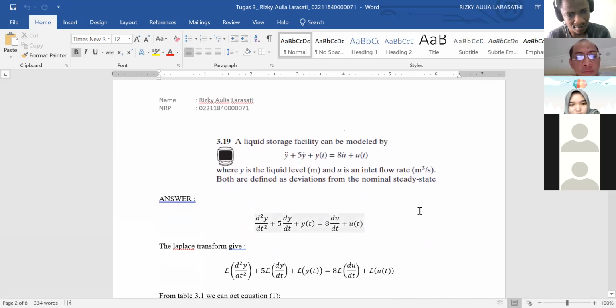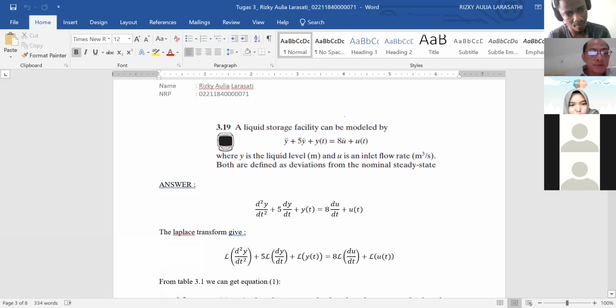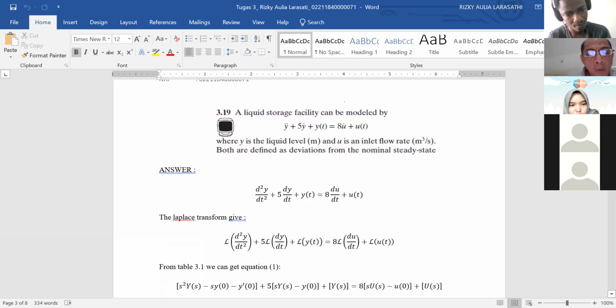From this equation, we can get the Laplace transform: Laplace of 2 d²y/dt² plus 5 Laplace dy/dt plus Laplace y(t) equals 8 Laplace du/dt plus Laplace u(t).